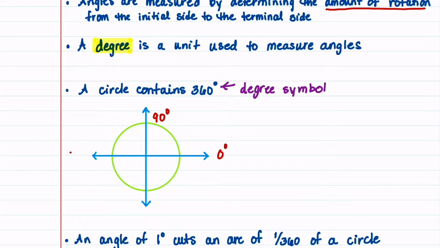The leftmost side is 180 degrees. And the bottom is 270 degrees. If we continue on from 270 degrees, we get back to 0 degrees, which can also be written as 360 degrees.